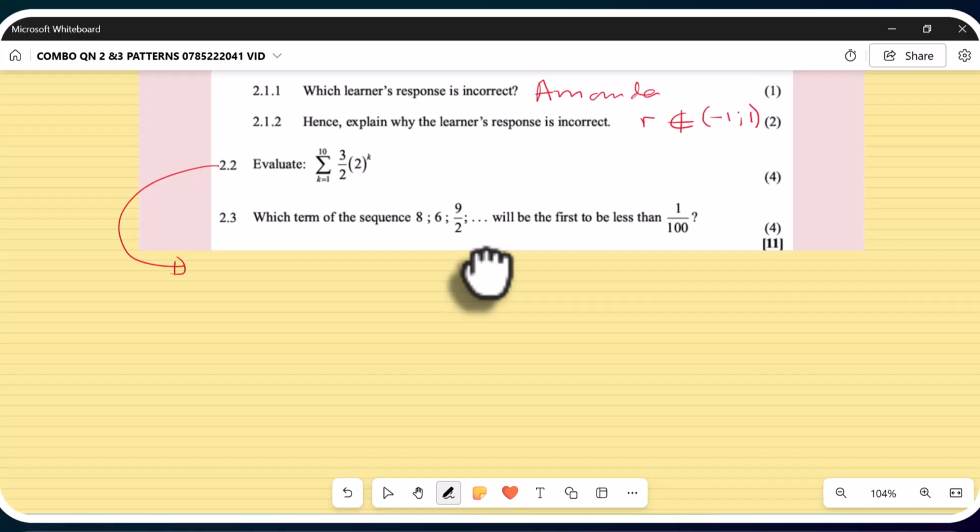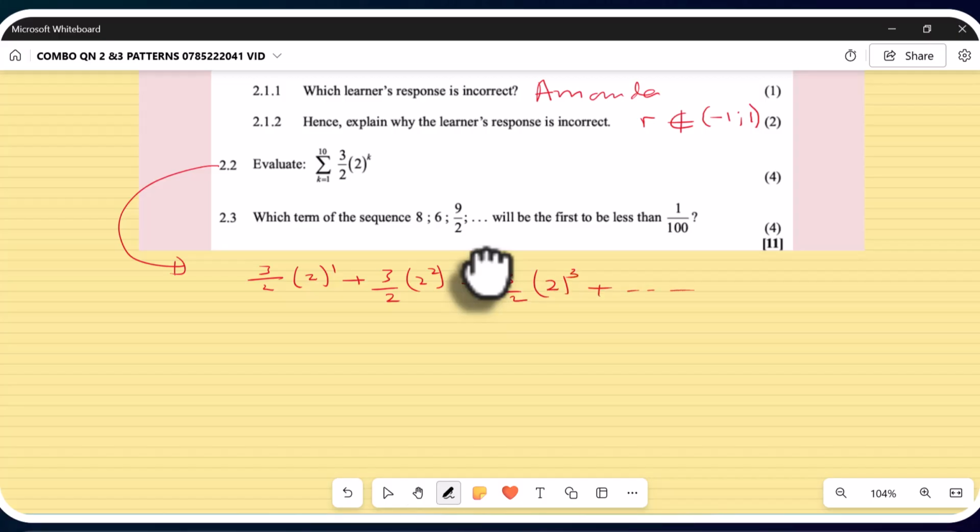To get our sum, our first term, simplified, gives 3. Then our common ratio: T2 is 6, divided by 3, which gives a common ratio of 2.